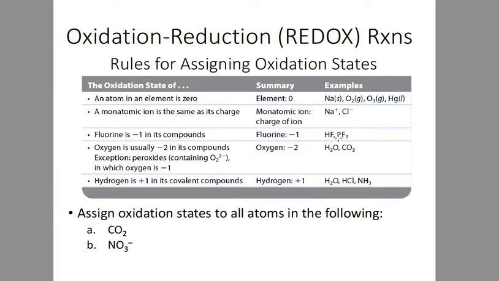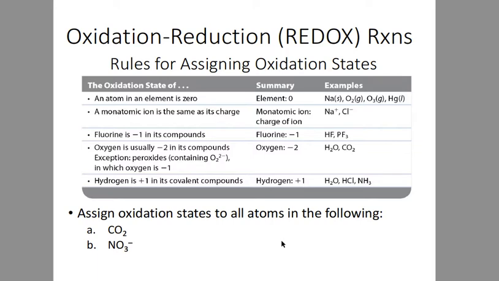So whether it's HF, PF3, whatever, that will always be a -1. Oxygen, 95% of the time will be a -2, except for when we're dealing with peroxides. So in the case of water or CO2, the oxidation state on the oxygens here would be -2. And again, for the purposes of our class, hydrogen will always be a +1.